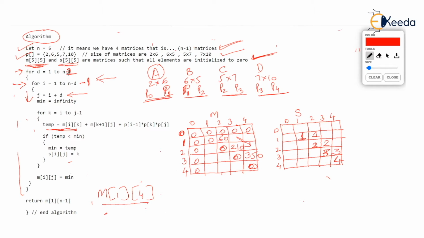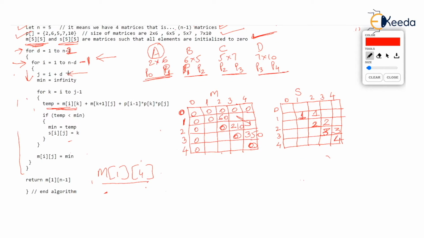That means we want to compute the multiplication of all four matrices, A, B, C, D. Then you take possibilities. First possibility is A multiplied by BCD. Second possibility is AB multiplied by CD. And third is ABC multiplied with D.